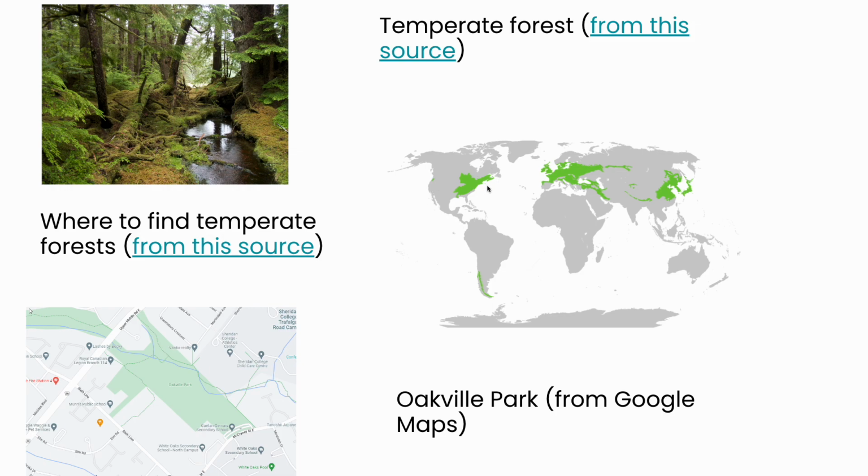And if we narrow in on one specific location within this type of biome, so if we pinpoint where we're at in Oakville, then Oakville Park is a temperate forest, but it is a very specific location. And so this would be an example of an ecosystem.